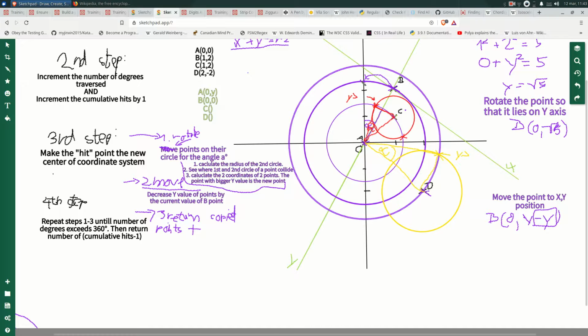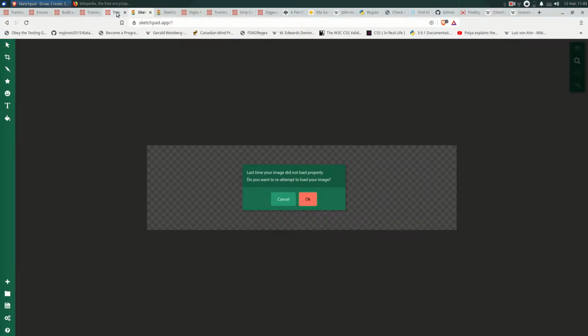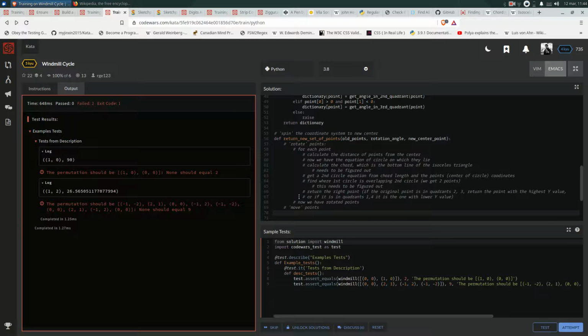And so we need to lower, so we'll say new center point.